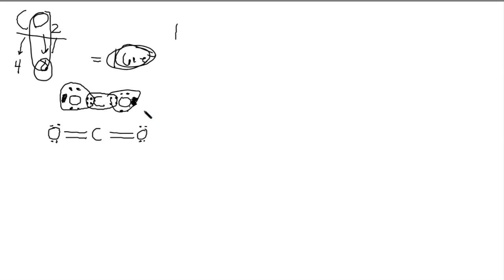And then, since we didn't have enough to fully go around the carbon to get its octet, because it only had 4 and it needed 8, we took these electrons from their unshared sides and placed them in between the oxygen and the carbon on both sides to give both sides a double bond, and that satisfied the octets of all 3 atoms in this molecule.